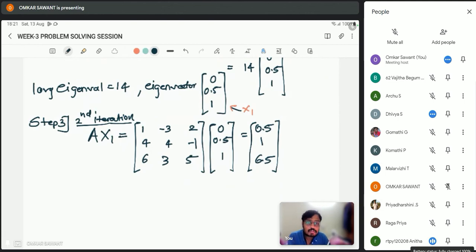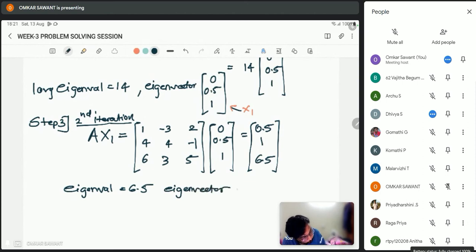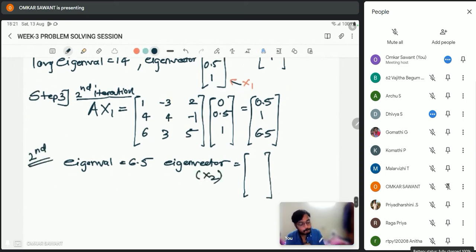Take common of the highest number's value, so 6.5. What will be the new eigenvalue and eigenvector? What is the eigenvector we got on the second iteration? Calculate and let me know.